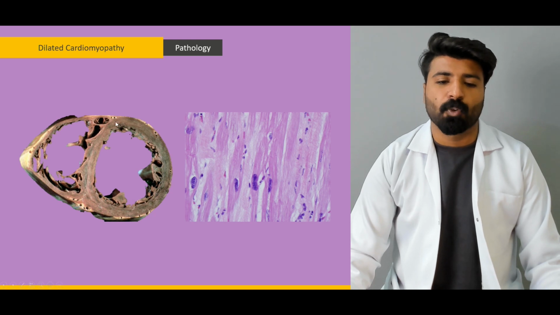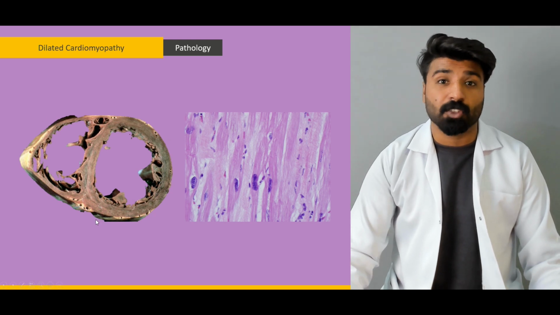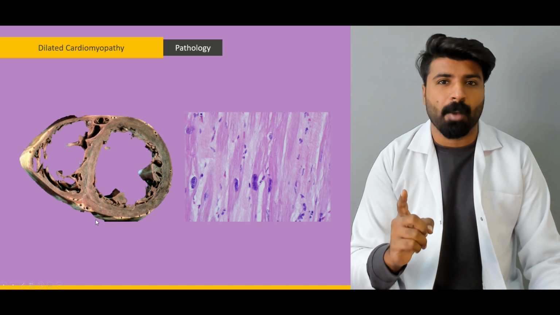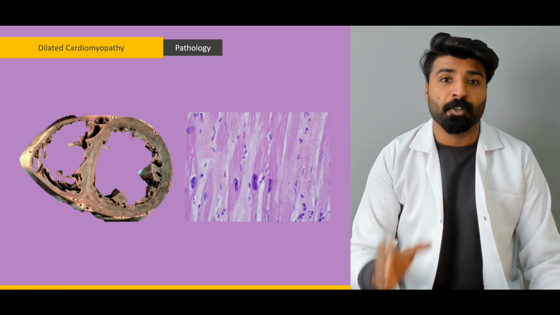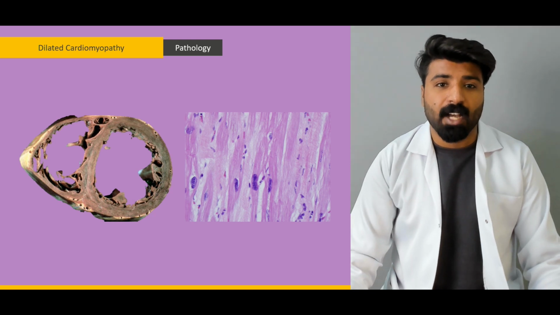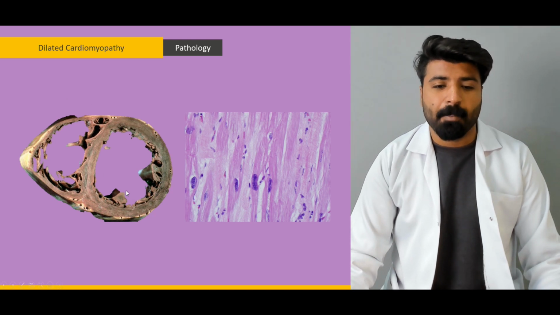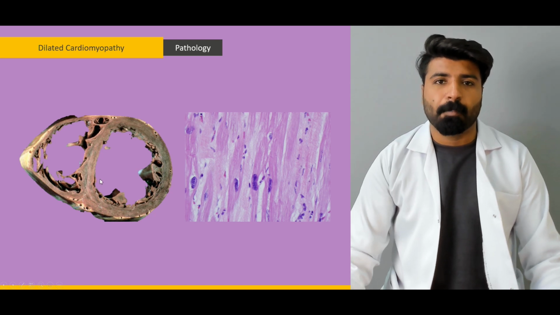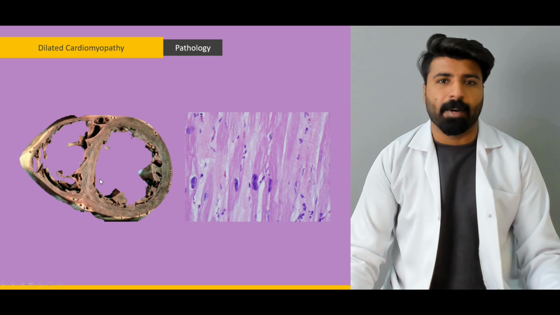Just by looking at this photo, you will know it's dilated cardiomyopathy, because we talked about how in hypertrophic cardiomyopathies these walls are going to be hypertrophied. These walls are going to be huge. But in dilated cardiomyopathies, these chambers are going to be dilated. These walls are going to be thin and the pumping activity has been compromised.